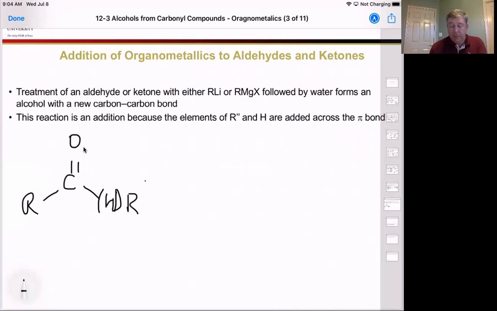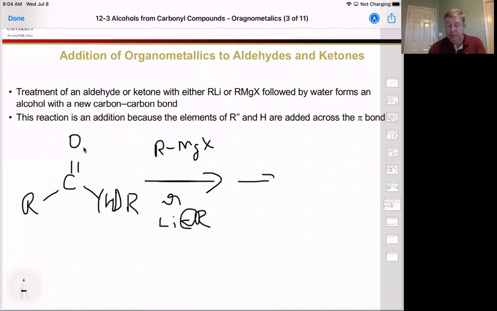Okay, so in the generalized reaction, we can use an organometallic reagent like a Grignard reagent here or an organolithium. The first step of this is going to be, again, attack by the nucleophile, attack by that carbon anion to yield a tetrahedral intermediate. And then when we quench with water, we're going to protonate the remaining alcohol to give us our R group.